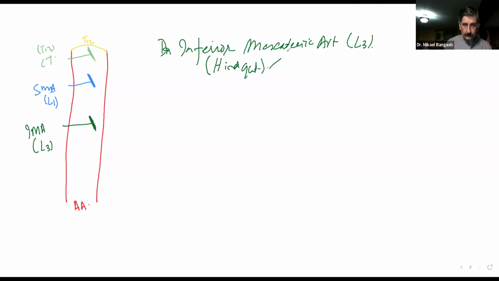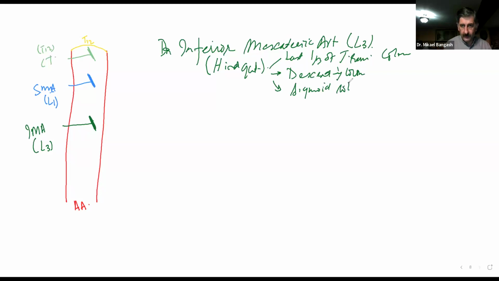What did we have in the hindgut? The last 1/3 of the transverse colon, the descending colon, the sigmoid colon, and the first 2/3 of the rectum.